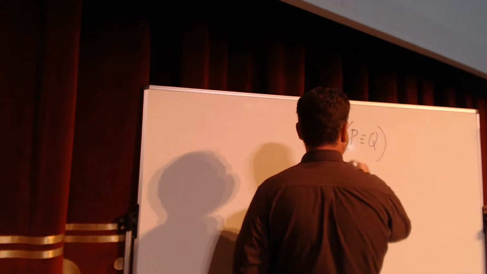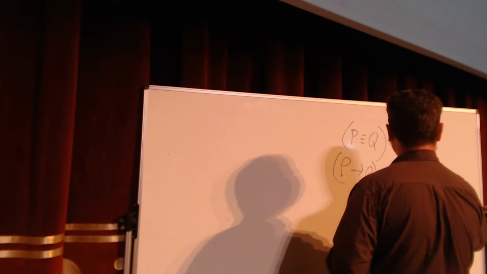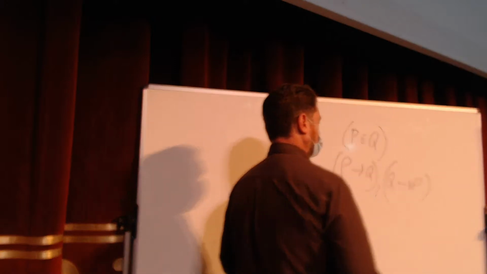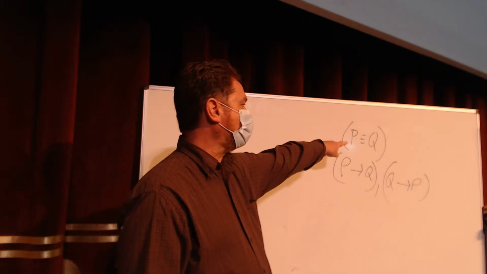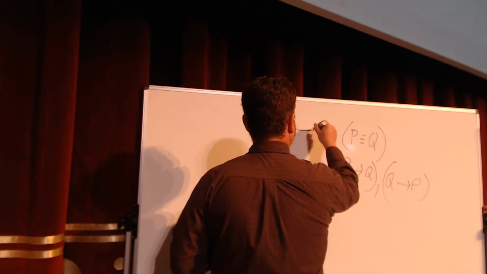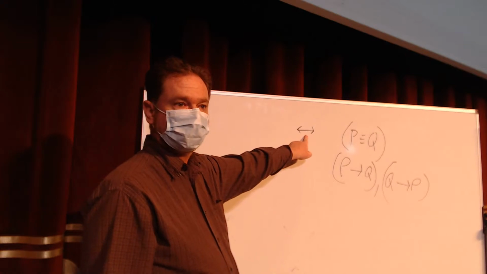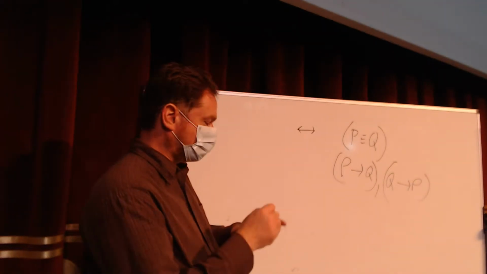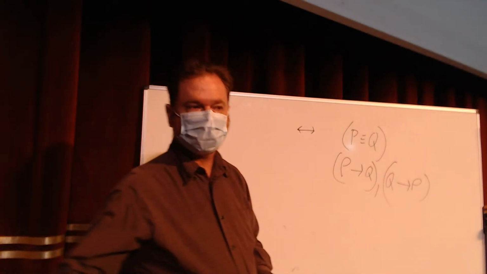P triple bar Q is actually the same as saying if P then Q, and also if Q then P. Which is why there's actually some logical systems where this symbol doesn't exist and instead they use a double-sided arrow. So whenever the book uses a triple bar, I actually see this. Because you can infer out if P then Q and if Q then P.